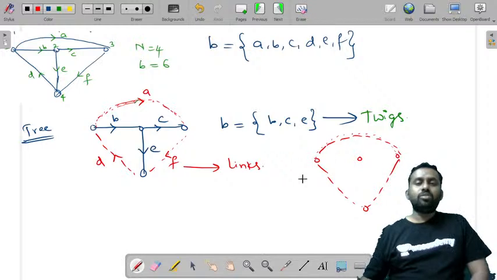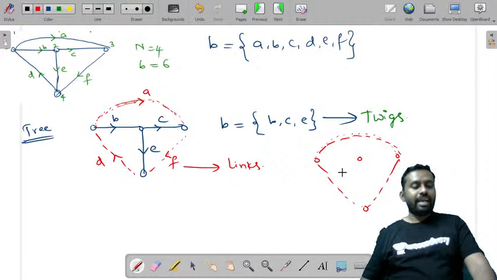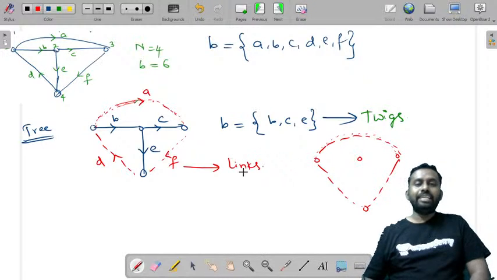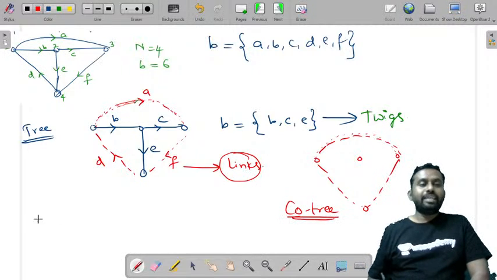Now the graph formed by the links that are left over, the graph that constitutes the links, is called the co-tree. A co-tree is a complementary tree.